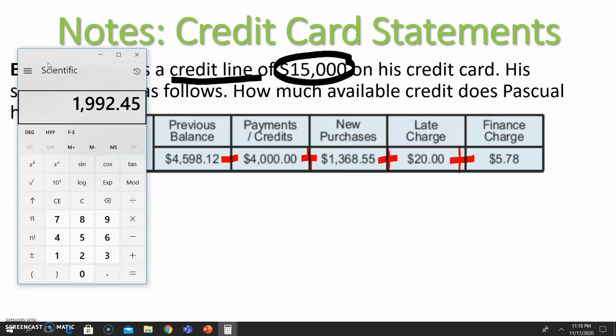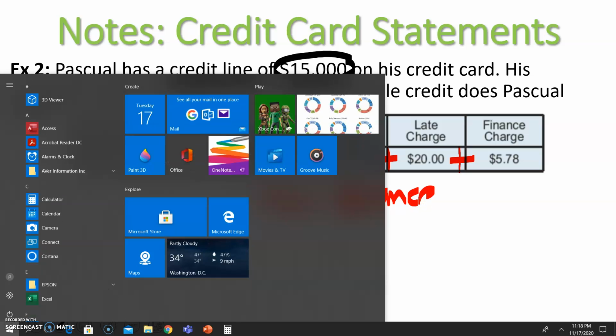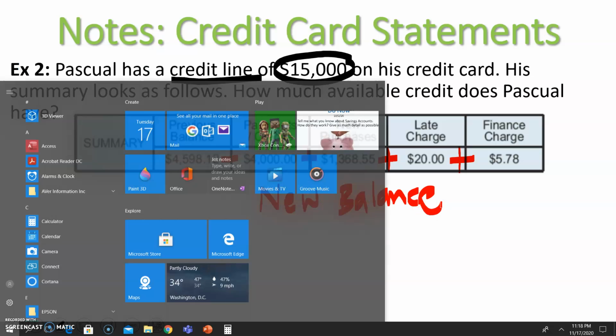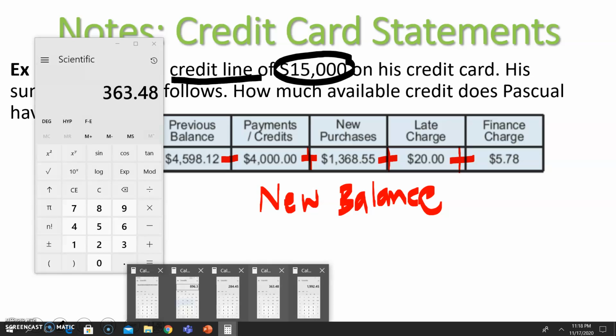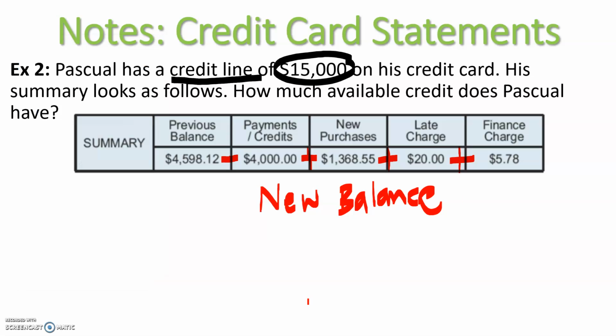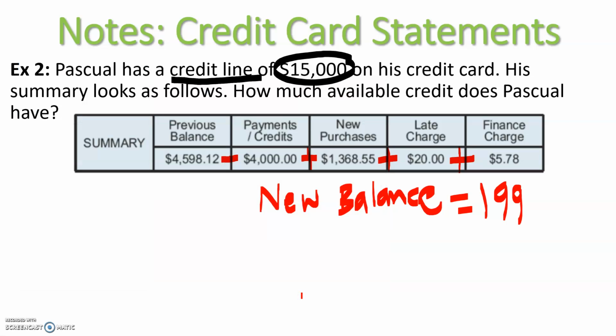Okay, so we can see that he currently owes, I'm going to put here for the new balance, let's check our calculator again. Looks like $1,992.45. Now, that's how much he currently owes the bank.